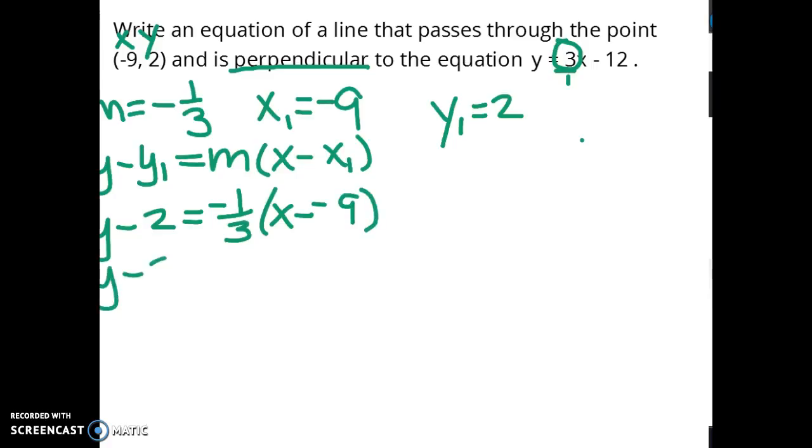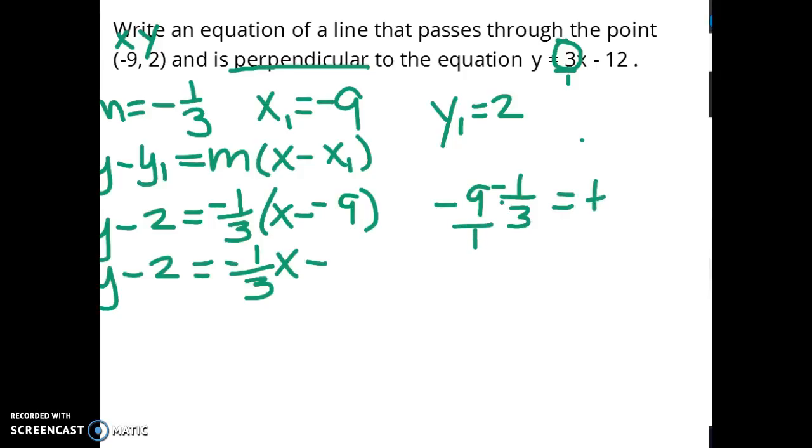Use the distributive property. Nine times negative 1/3. Negative 9 times negative 1/3. First of all, negative times a negative is positive.